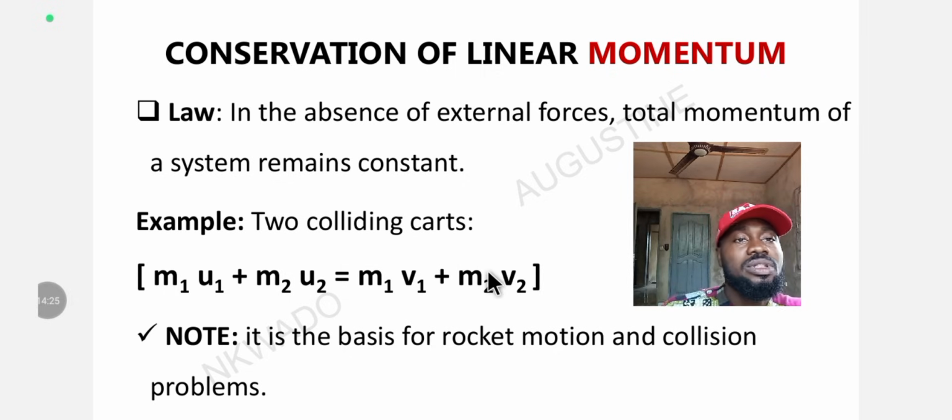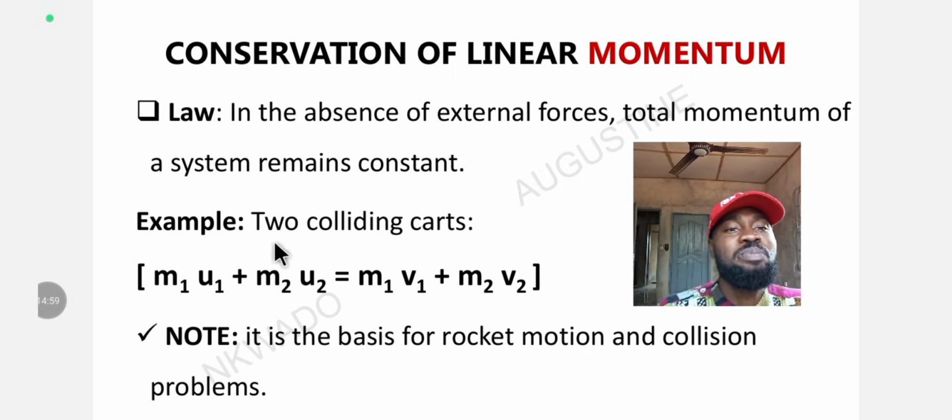So when you are asked, using the law of conservation of momentum, to find something in your JAMB UTME, this is the formula that you are going to apply. Mass 1 times initial velocity 1 plus mass 2 times initial velocity 2 is equal to mass 1 times final velocity 1 plus mass 2 times final velocity 2. Very easy to solve. Just substitute and you get your answer.